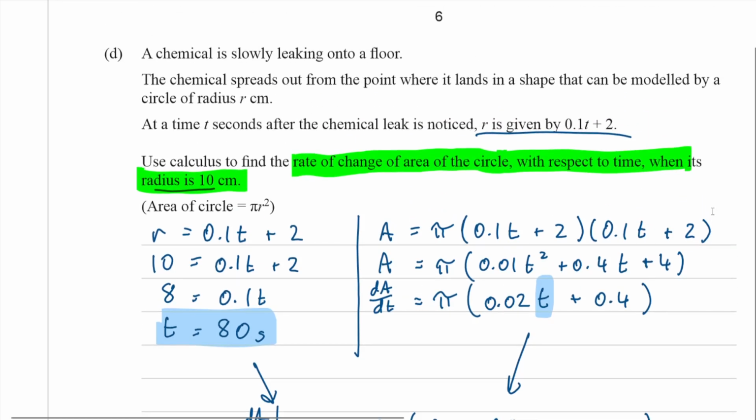Unfortunately for us, there is no achieved component to this question, but the merit component is finding the derivative of area. That was this part here, where we use pi r squared. We expanded it out. We then calculated the derivative with respect to t.